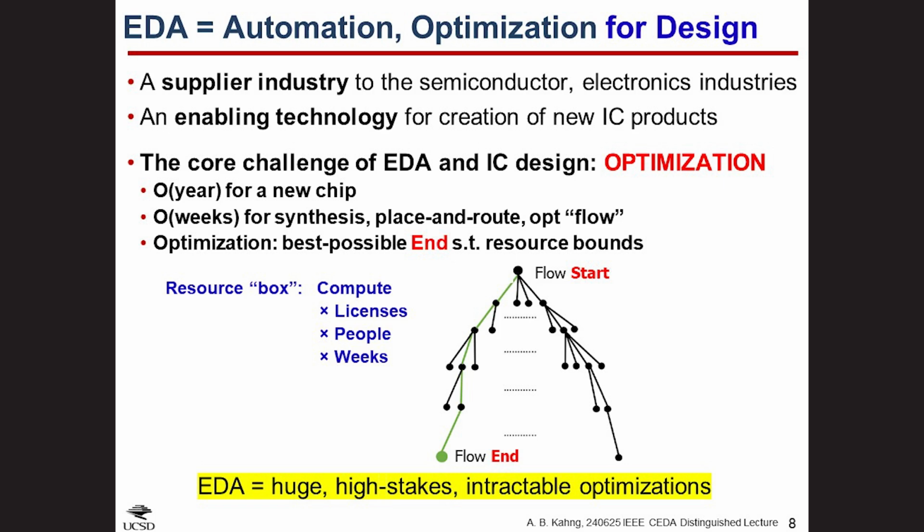So for as long as it has existed, EDA has been about high stakes, intractable optimizations at huge scale. Okay, this is our world. Takeaway: EDA equals optimization plus automation. Automation is where we look to AI, for example, and these are now the main levers for scaling.